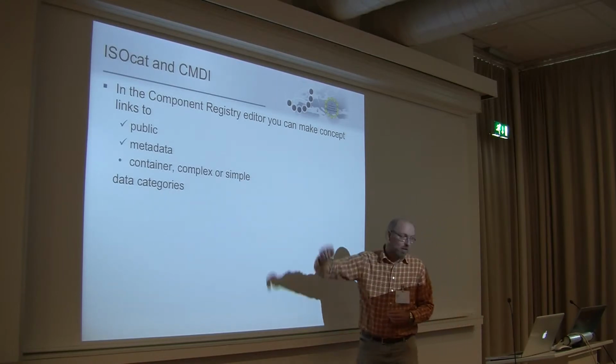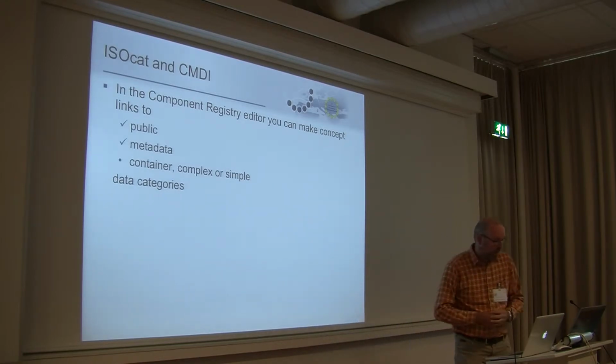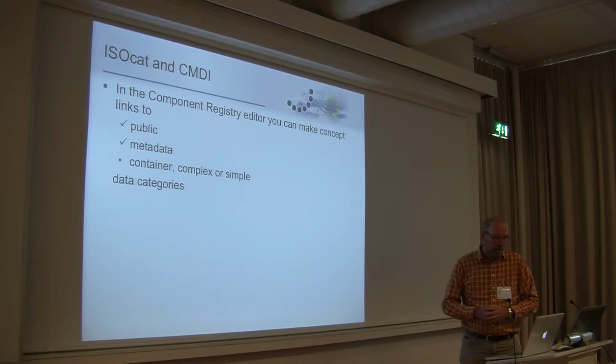They have to be made public. If you search in the interface, they have to come from the metadata profile, and they have to have a specific type based on where you are in the component registry editor.